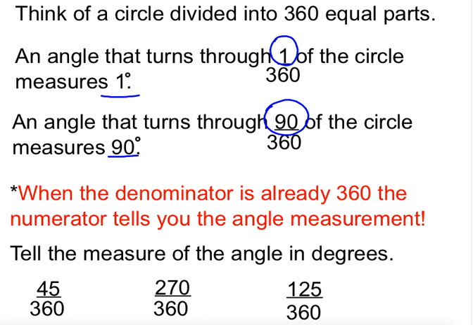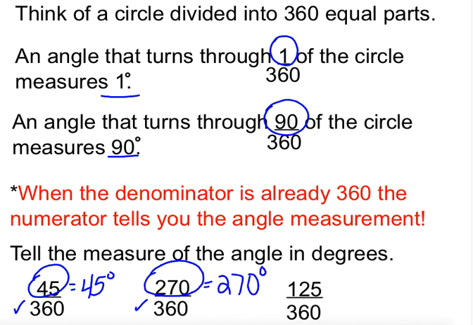So I put 3 examples here. Okay, denominator 360, check. Numerator becomes your degrees. It's 45 degrees. So 45 360ths is a fraction, but now we just turned it into degrees. All right, 270 360ths. So again, 360 is the denominator, so that means 270 is the angle measurement.